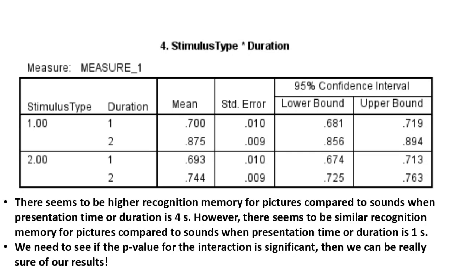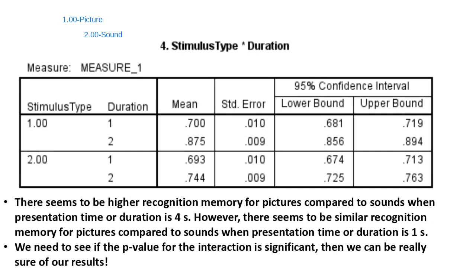So your stimulus type here, let me just make that clear: 1.0 is your picture, and 2.0 is sound.